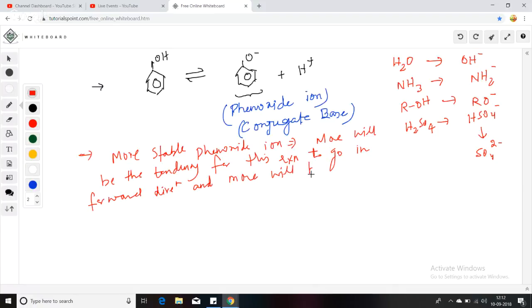Correct? More stable phenoxide ion, more will be the acidity.